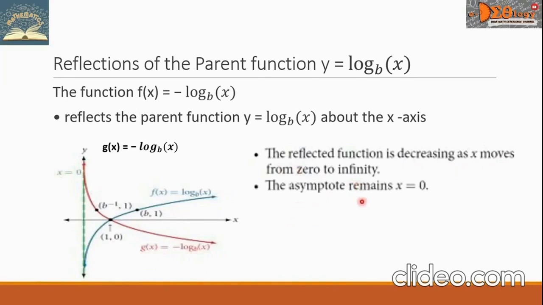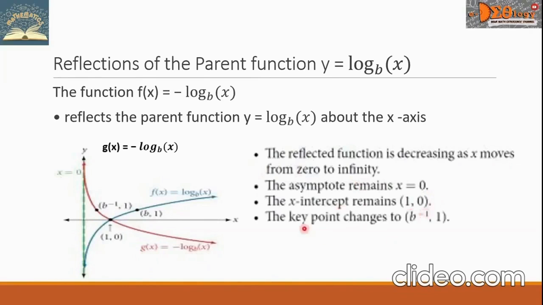The asymptote remains x equals 0 or the y-axis. The x-intercept remains the point 1, 0. The key point changes to the point b raised to negative 1, comma, 1. The domain remains from 0 to positive infinity. The range remains from negative infinity to positive infinity.